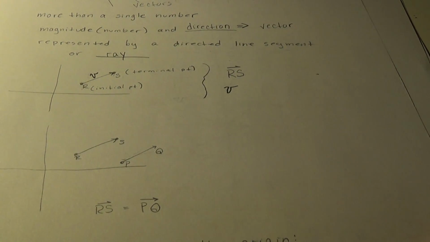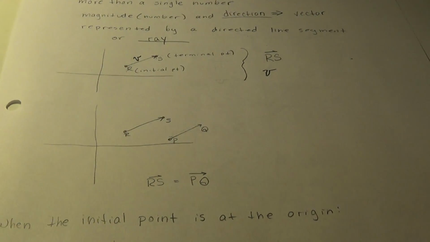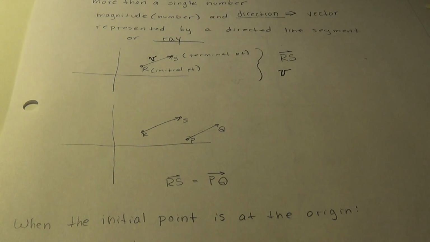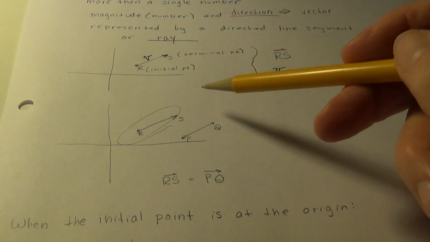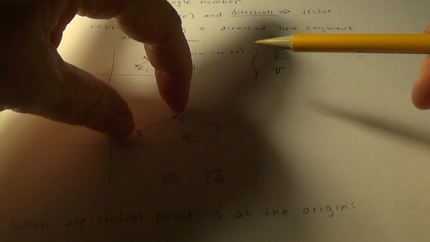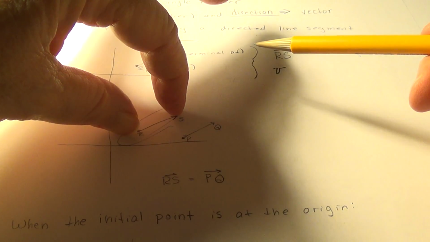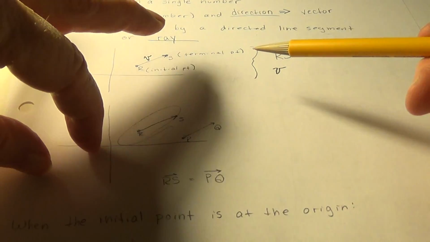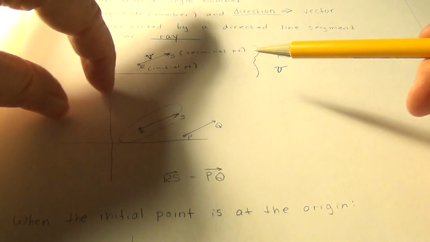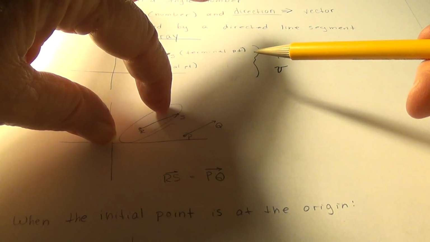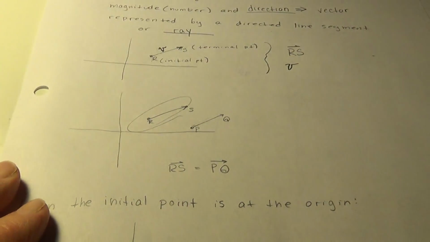Talking about moving vectors, let's take this vector right here and move it so that its initial point, R, is at the origin. So where should it go? Where it stops, nobody knows. That's what I did down here.